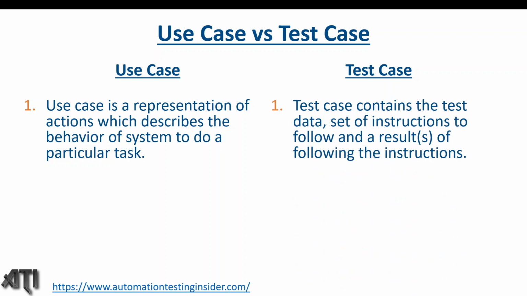Test case contains the test data, a set of instructions to follow, and results of following those instructions. We have already spoken many times about test cases earlier. I have created the test case template as well, with expected result, actual result, pass/fail criteria, test data, everything as part of test cases.